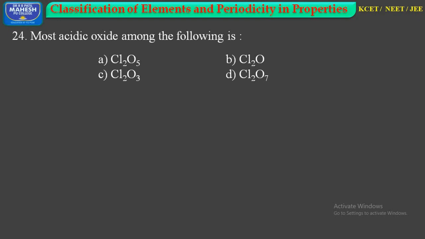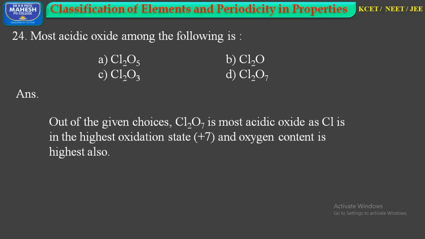Students, out of the 4 options given, Cl2O7 is the most acidic, as chlorine is in the highest oxidation state of +7, and oxygen content is also the highest in Cl2O7. Chlorine atomic number is 17. Electronic configuration can be written as 2, 8, 7.